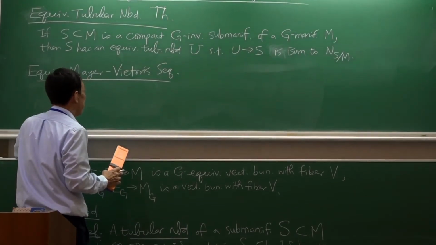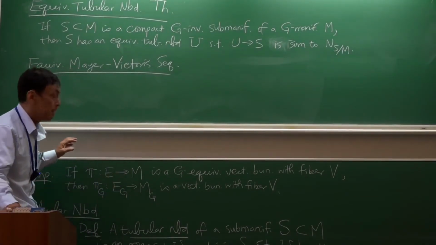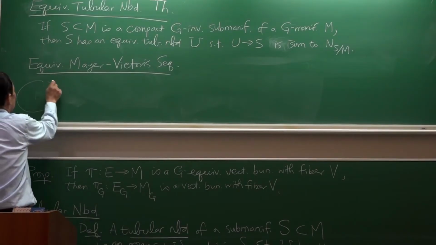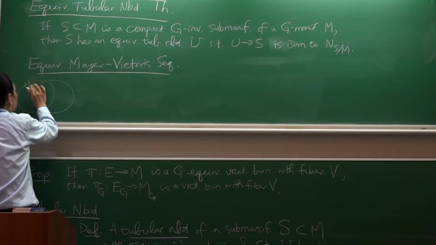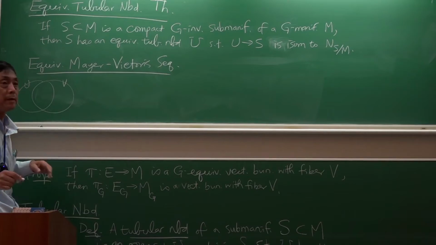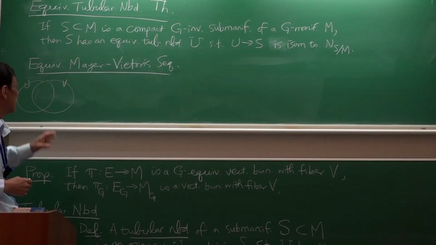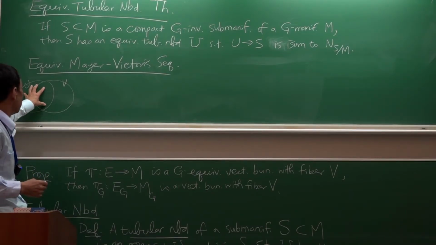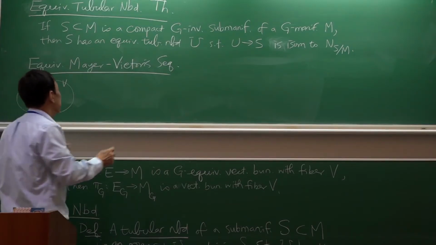So you have a manifold with an open cover consisting of two G invariant subsets.